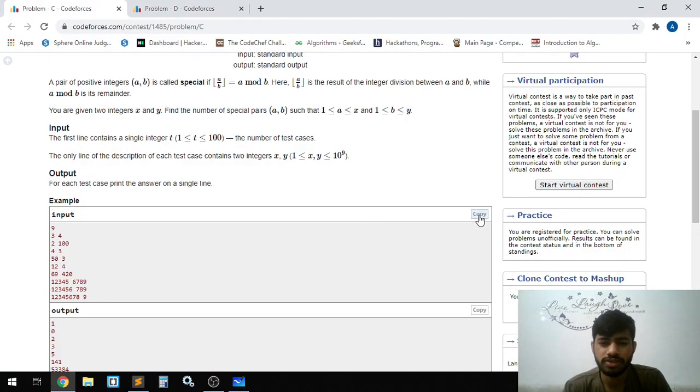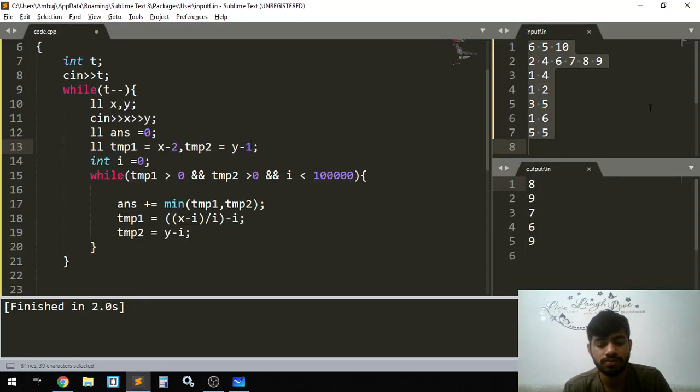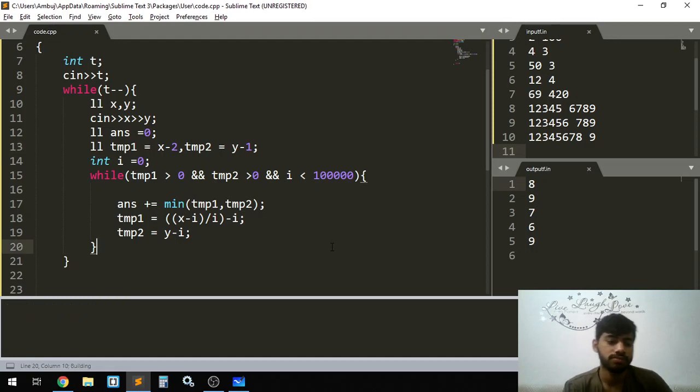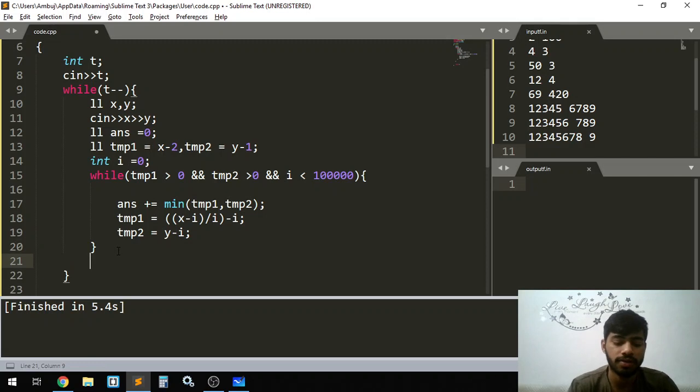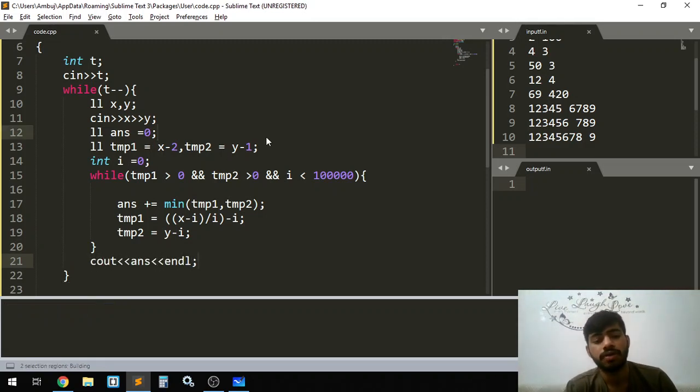So let's check for the answer. Oh, sorry, I forgot to print the answer. It's compiling. Okay, now I print the answer.